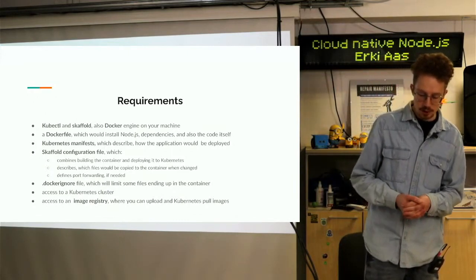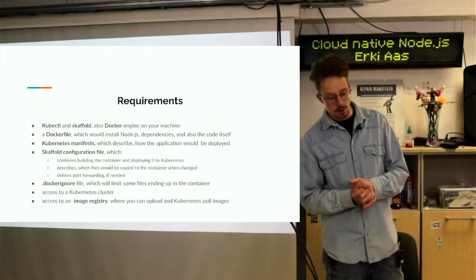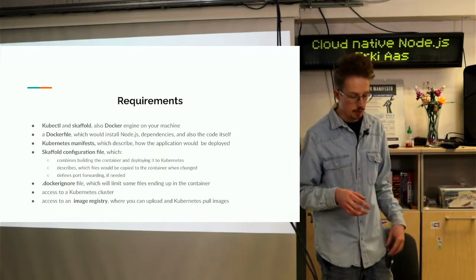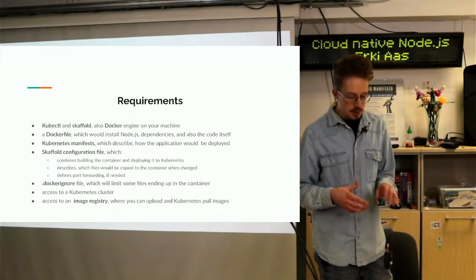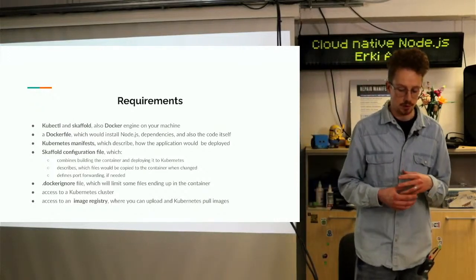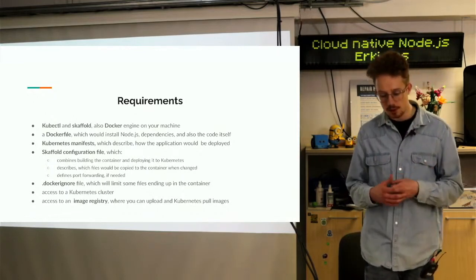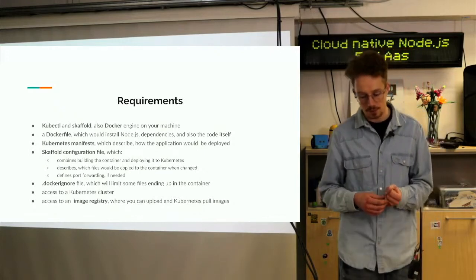Then a Dockerfile, which would do whatever your application needs to do, or in essence, how it would actually be used in production. So it would not only install the runtime and dependencies, but also include the code itself.